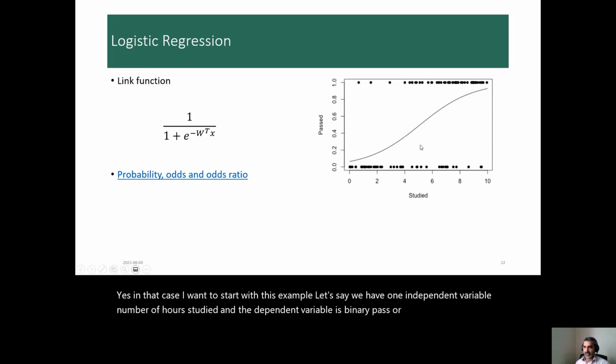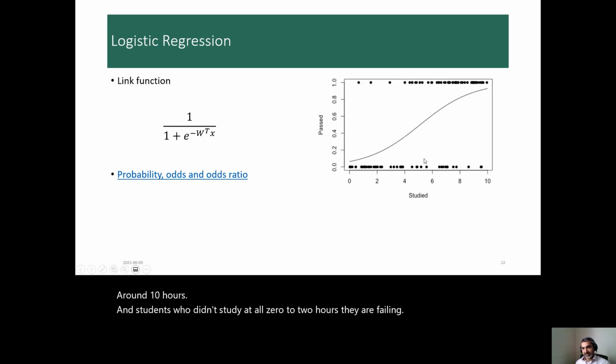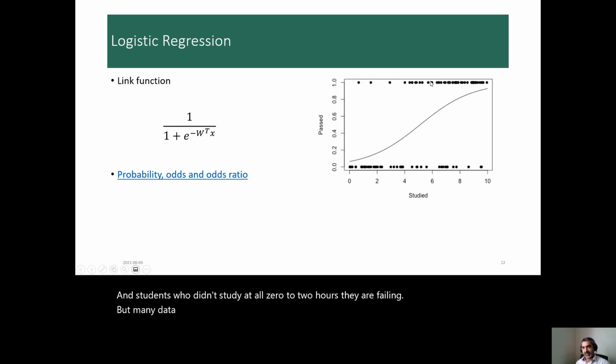Students who studied around 10 hours are passing, and students who didn't study at all, 0 to 2 hours, are failing. But many data points live in between, right? So drawing a stupid line like perceptrons around here or wherever will not explain the phenomena.